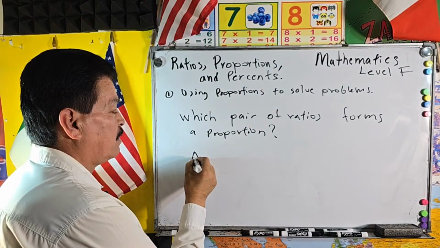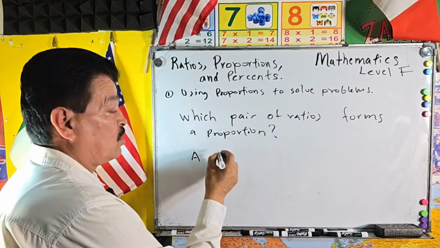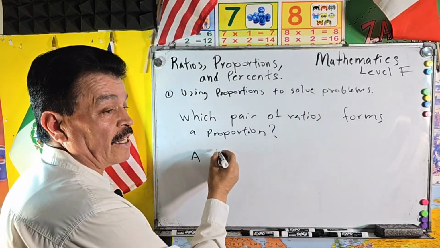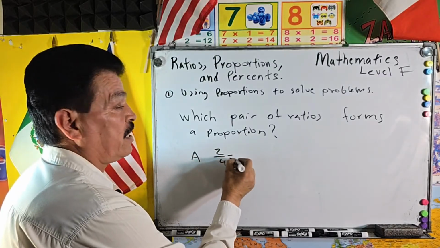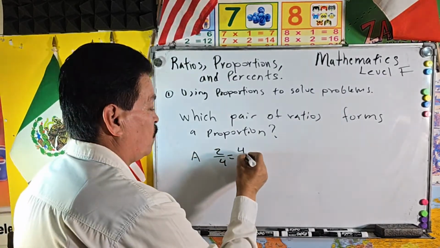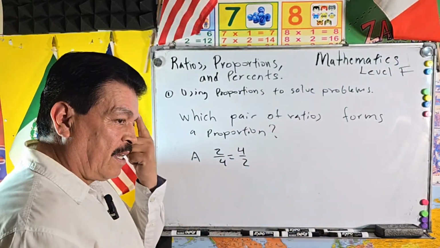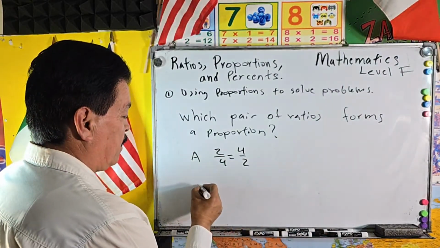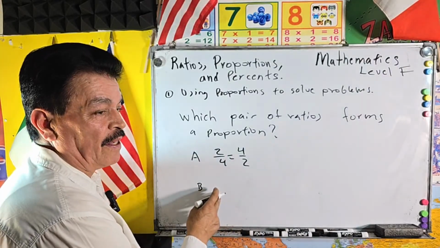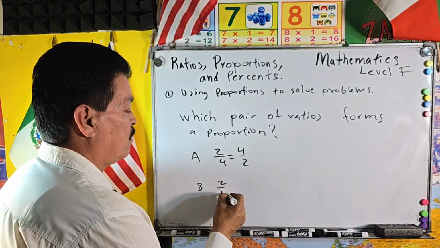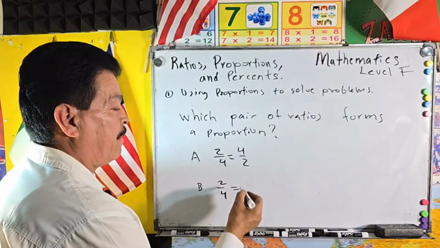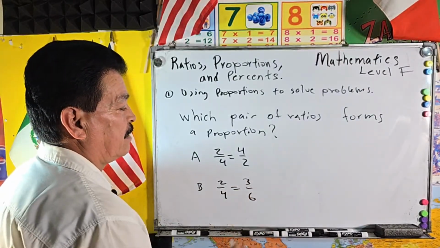First answer, A: 2/4 equals 4/2. This is one possible answer. B: 2/4 equals 3/6.